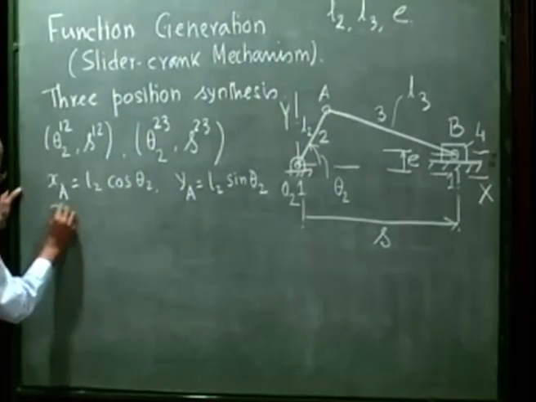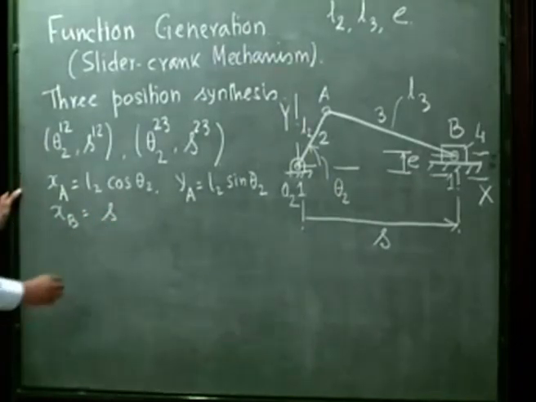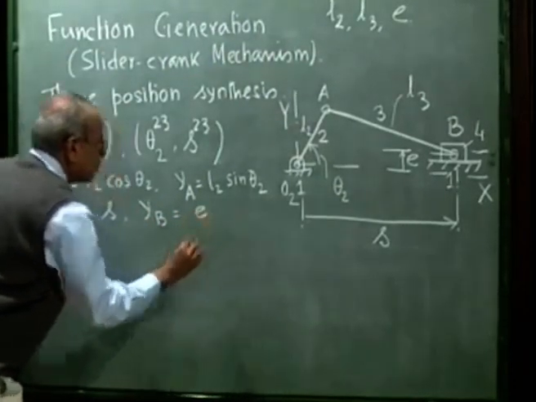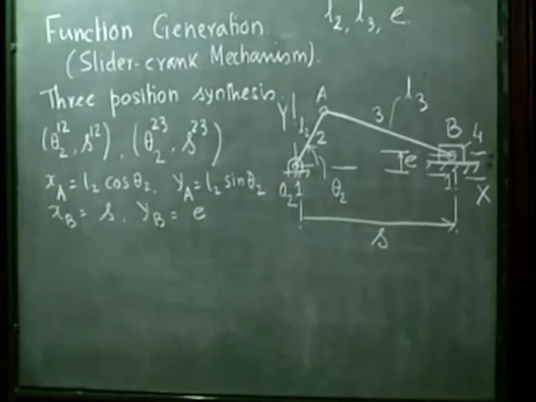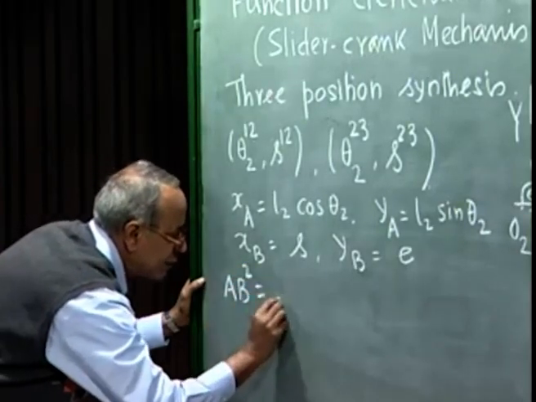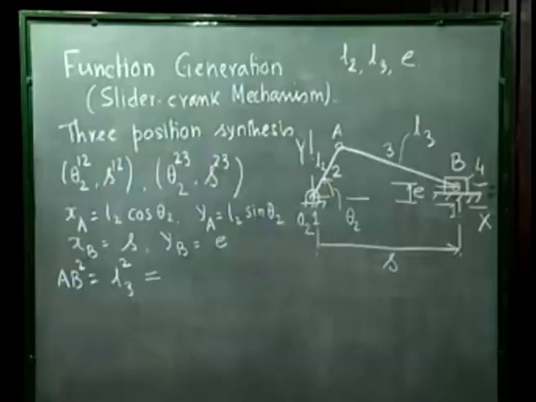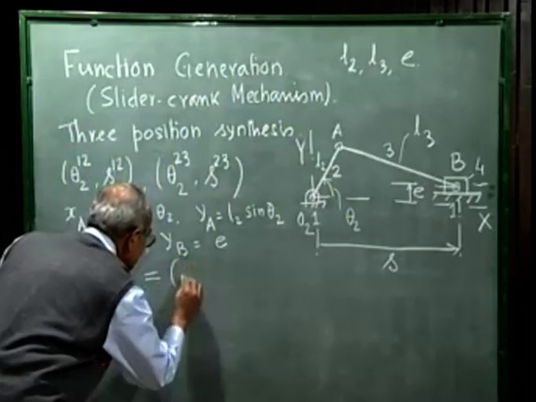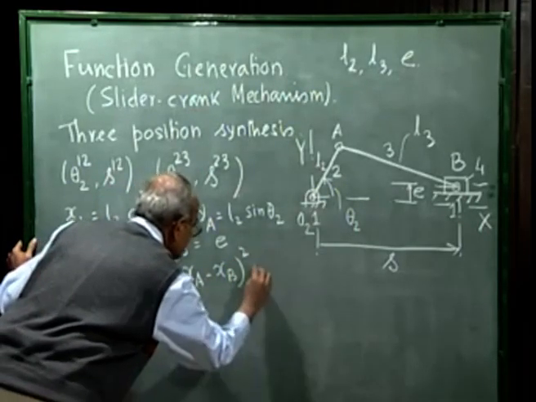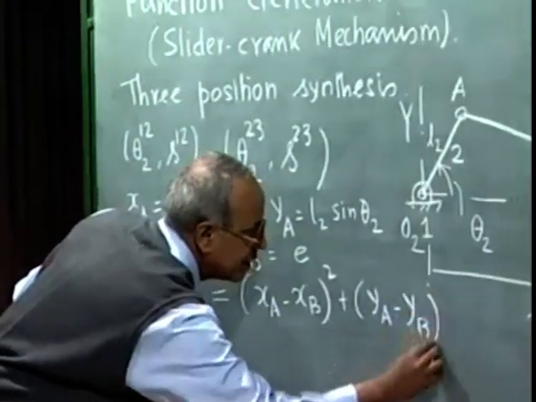The x coordinate of the point B is S, the position of the slider, and y coordinate of the point B is E, the amount of offset. So, we can write AB squared, which is nothing but L3 squared, where L3 is the connecting rod length, as XA minus XB whole squared plus YA minus YB whole squared.